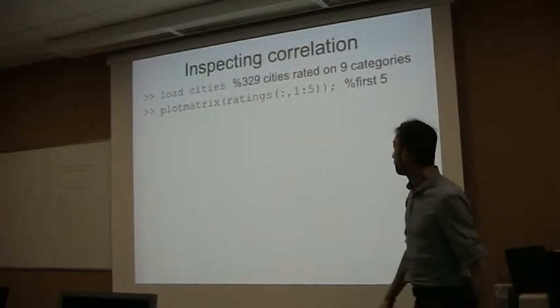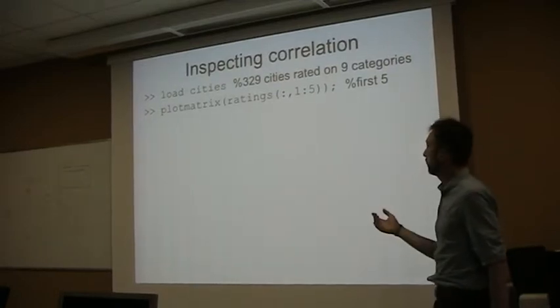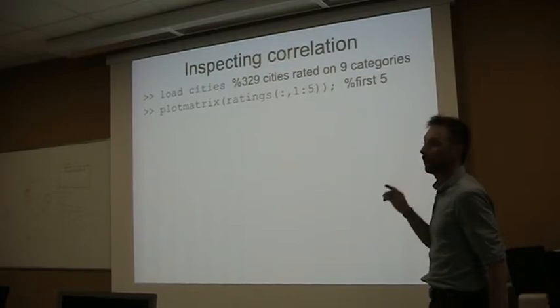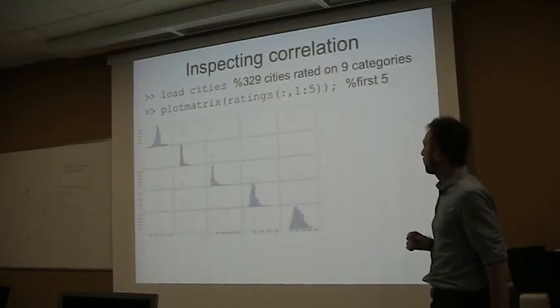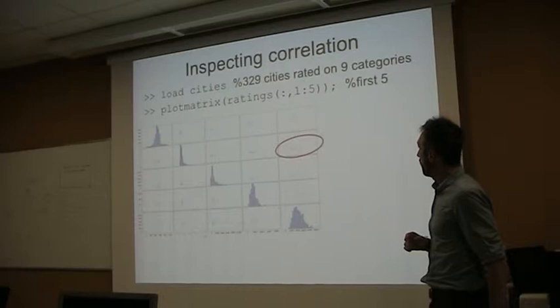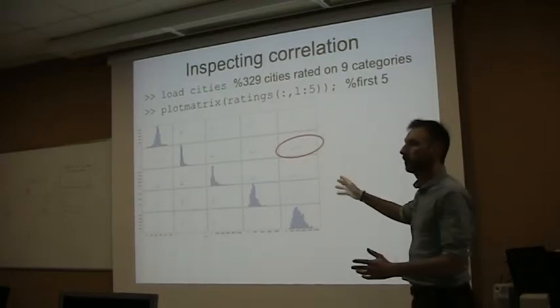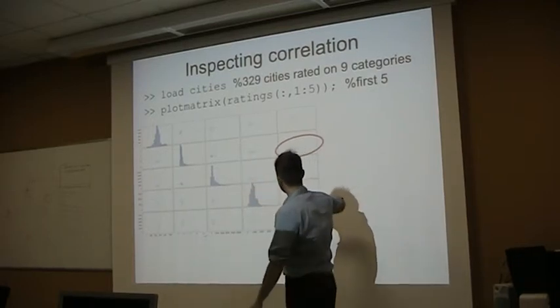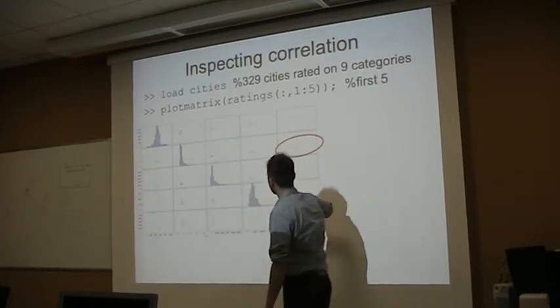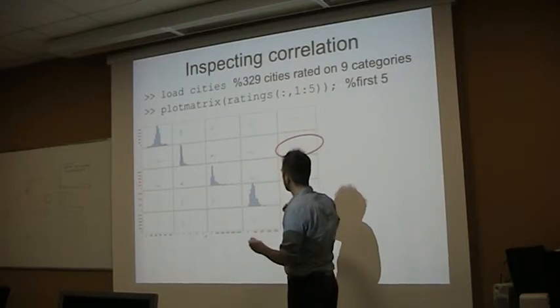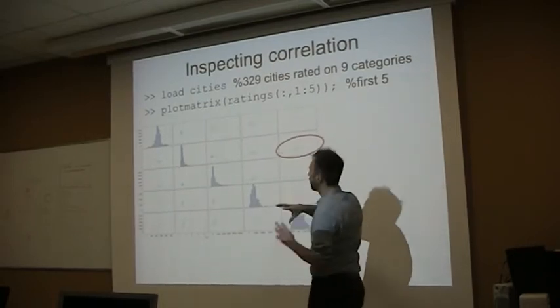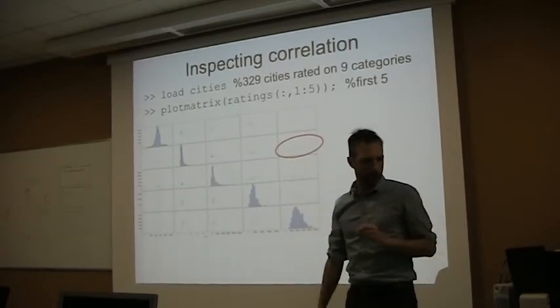Okay, and how do we inspect correlations? There is, for example, this function called plotmatrix, which gives you something like this. This is similar to what we saw yesterday. Here you have 5 columns or 5 variables, their distribution, and then they're each correlated with each other. And you get a cloud of data in the scatter plot.